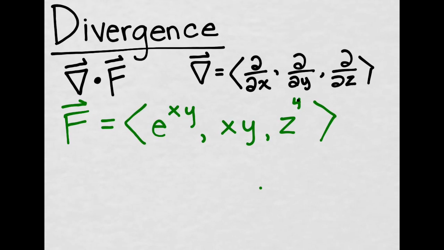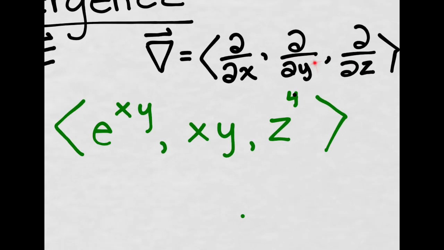All right, so now that we know what del is, we can calculate the divergence. Here is a dot for a dot product. And when you take the dot product, you multiply components and add the products of analogous components. So I'll demonstrate that here.